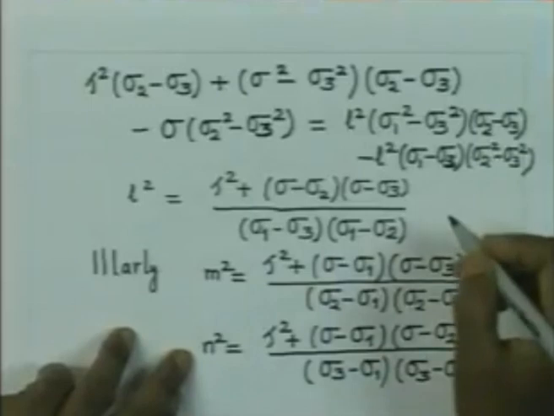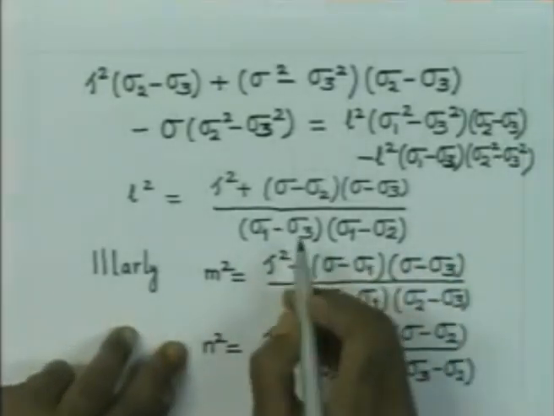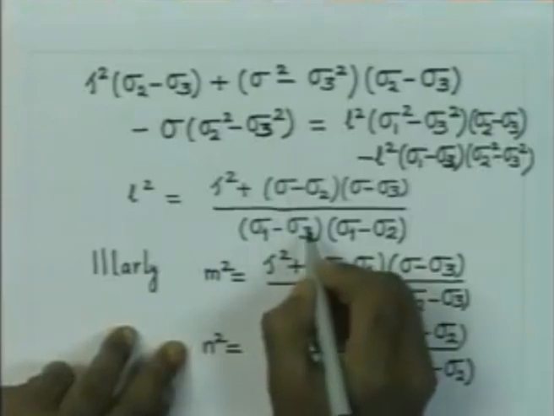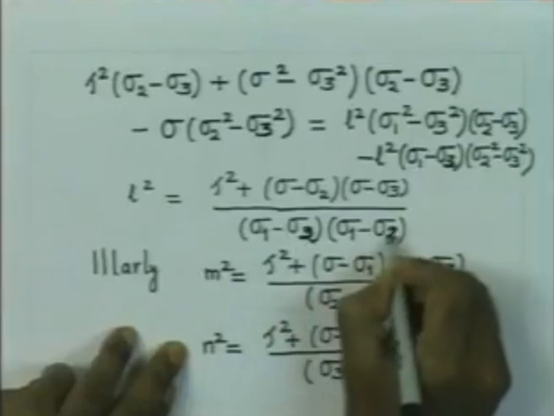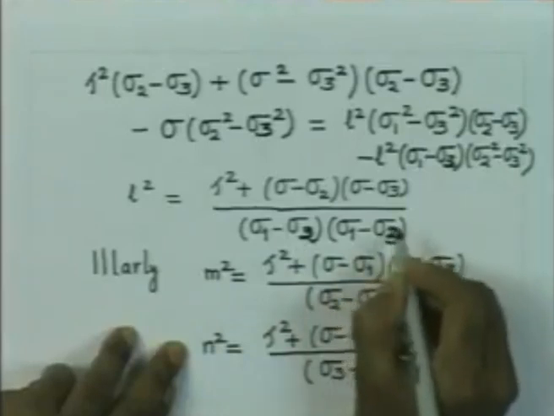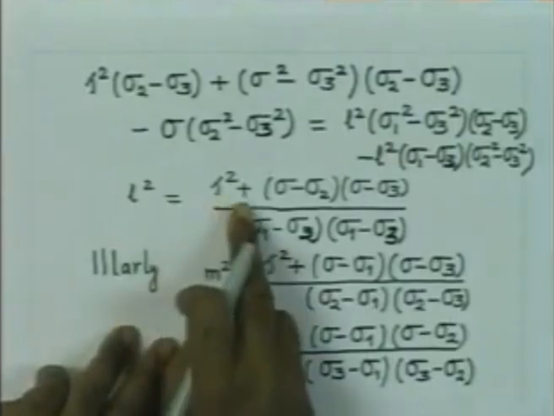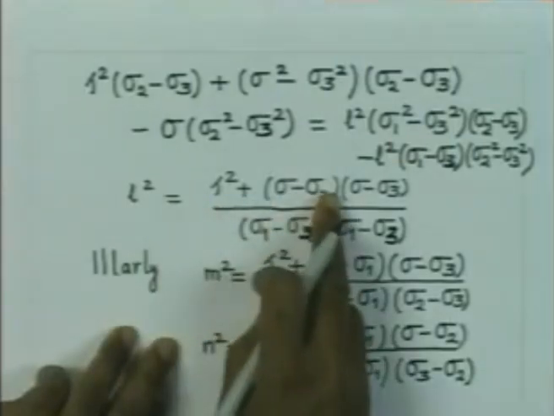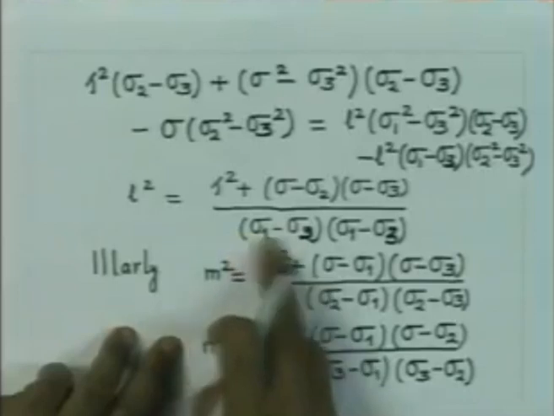Let us call these relationships. I want to correct this one as sigma 1 minus sigma 2, this is sigma 2 minus sigma 3. So, L square is given by tau square plus sigma minus sigma 2 into sigma minus sigma 3, and in the denominator we have sigma replaced by just sigma 1.